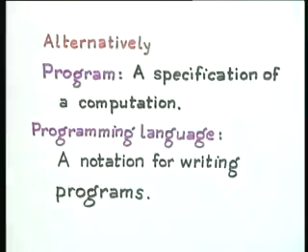A programming language itself is not a finite object, because there are an infinite number of programs that are possible. But each program itself is a finite object, because it is just a sentence of the programming language. And then, if you look upon a computation and the steps in a computation as the most basic feature, you might think of a programming language just as some notation for writing programs.